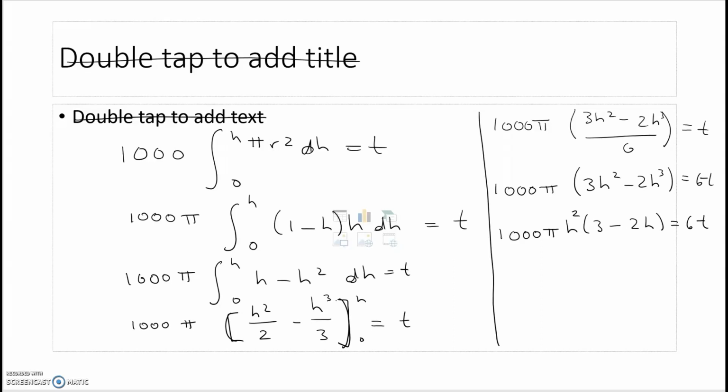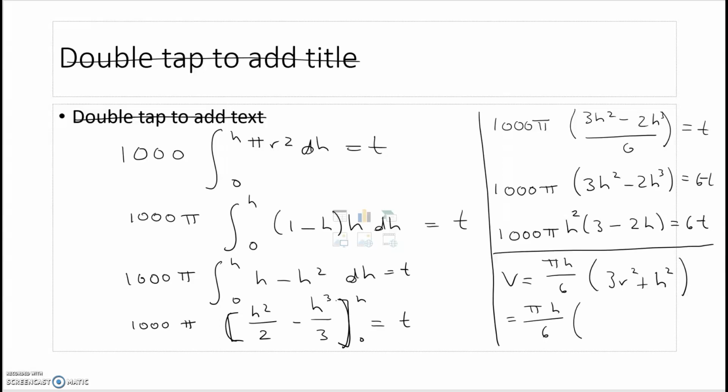Now, if you use the formula, there is actually a cheat's way. There is a formula that says that the volume is going to be equal to pi H over 6 times (3R squared plus H squared). And we know what R squared is, so we can say that's pi H over 6 times (3 times (H minus H squared) plus H squared).